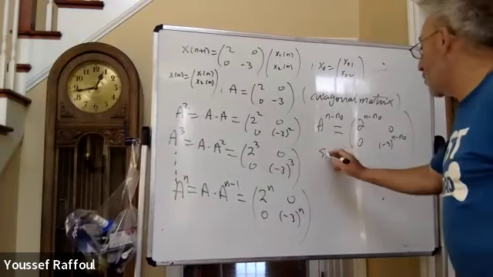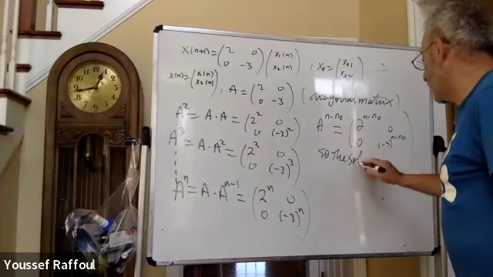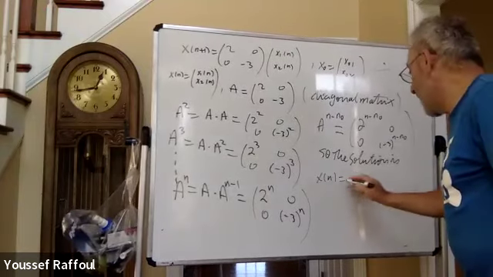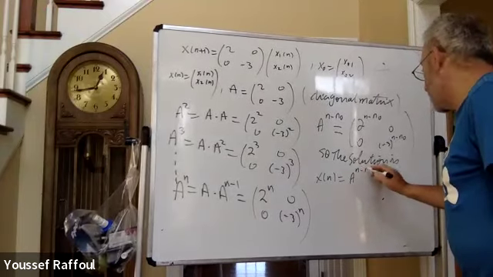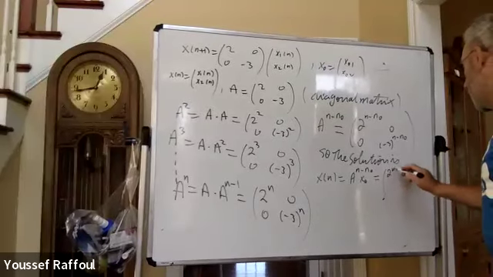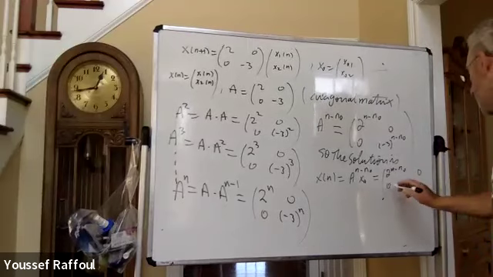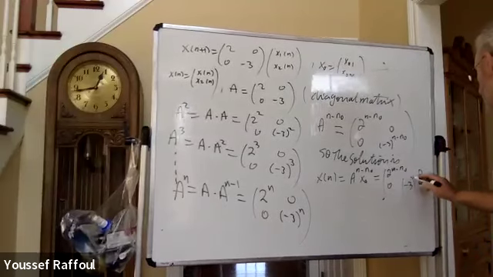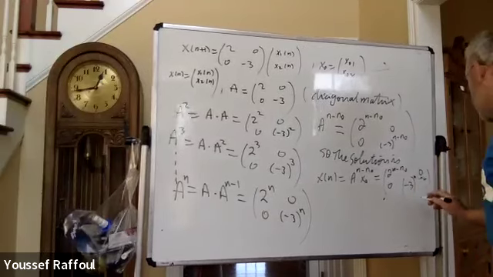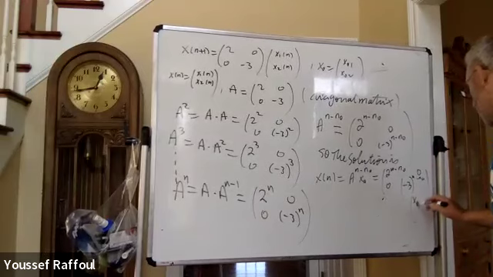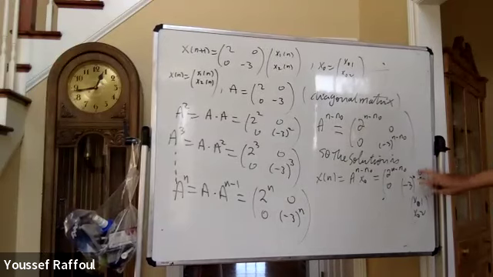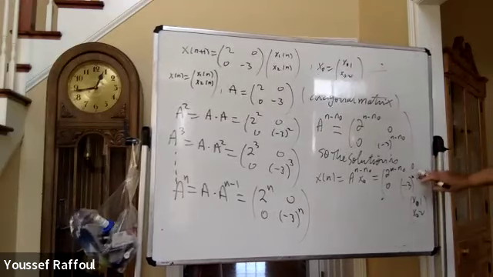And so the solution is x_n equal A^(n minus n naught) x naught, that is 2^(n minus n naught), 0, 0, (minus 3)^(n minus n naught) times x01, x02. Okay? So that is the solution.